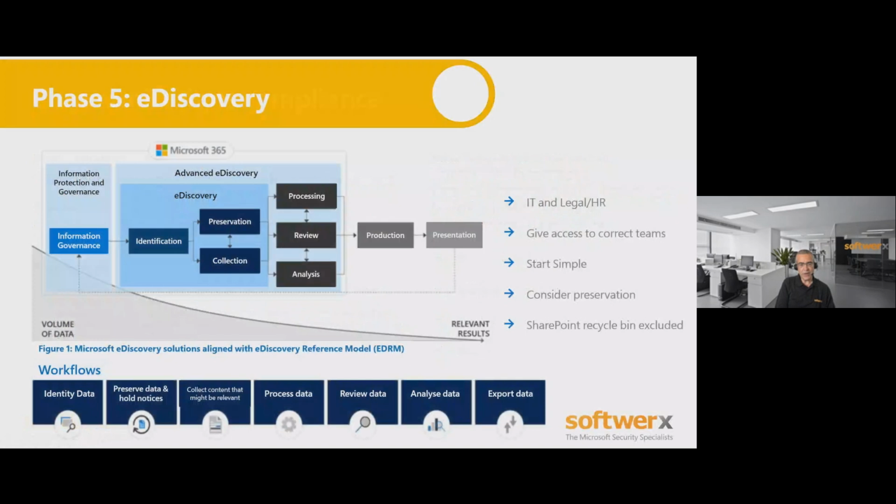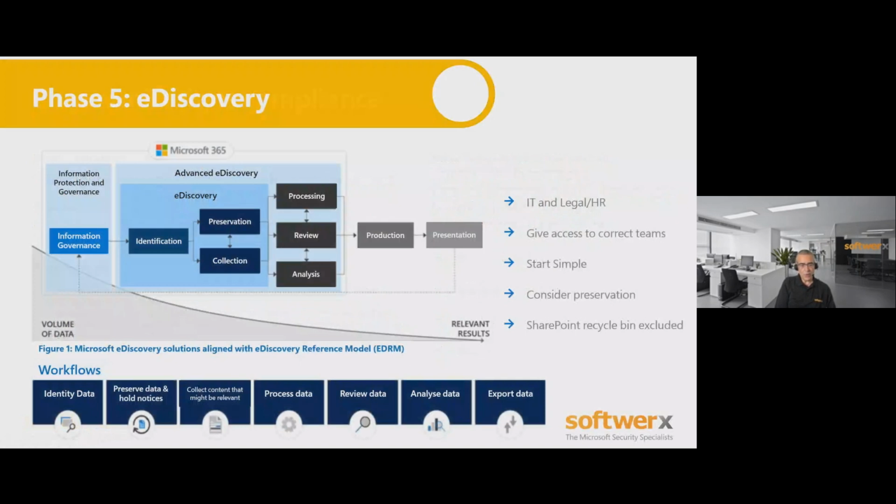Identify your data, set up your preservation, notify the people whose messages you're holding, collect, process the data, review the data that you're going to have in place, and then finally export the data to whoever you need to give it to, for example, the barristers or any particular case you have in place. And once you get the feedback, go and release it, complete the case so all the preservations are removed.